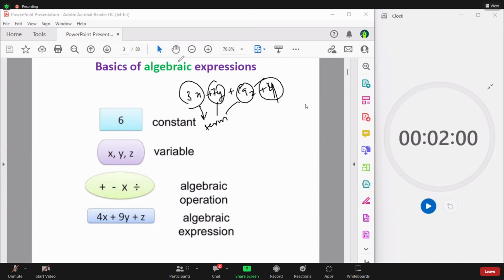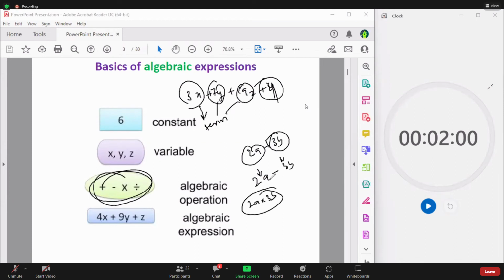Whenever two values are separated by any of the operators, they become terms. So 2a plus 3b, this is a term and this is a term. Then 2a minus 3, this is a term and this is a term. However, when 2a times 3b comes into the picture, collectively they give 6ab, and this gives rise to one particular term in total. However, when addition and subtraction are involved, this does not happen.